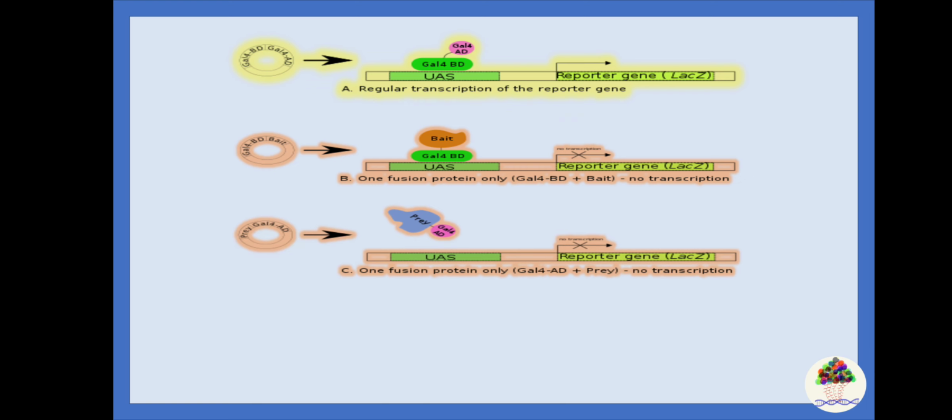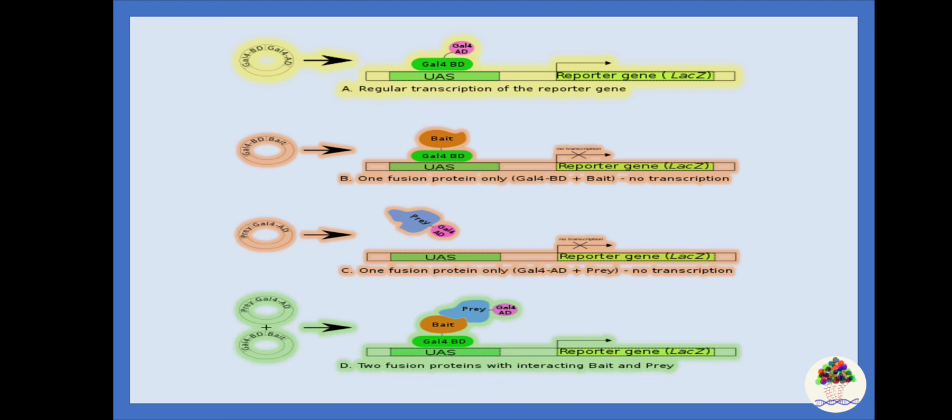In the second case, if a yeast cell gets only one of the plasmids, then it will only produce one of the conjugated proteins, and the gene will not be expressed. Similarly, if it gets only the prey plasmid, it also can't express the gene. So the gene expression will only happen if both plasmids are present inside the yeast cell and the bait and prey proteins are interacting with each other. Then only the reporter gene will be expressed.